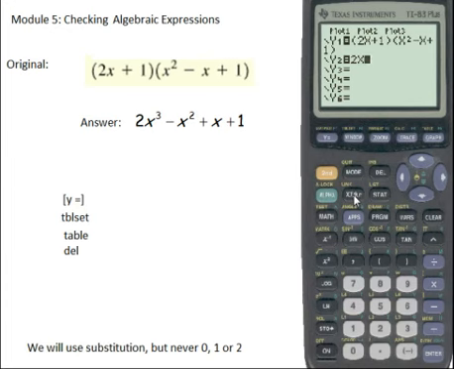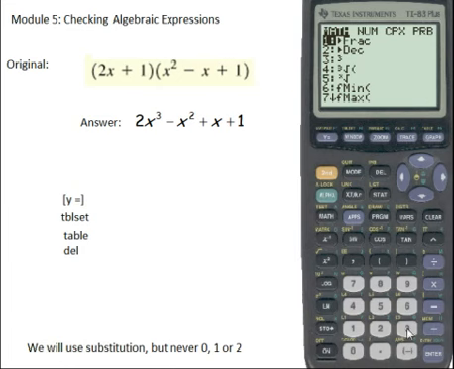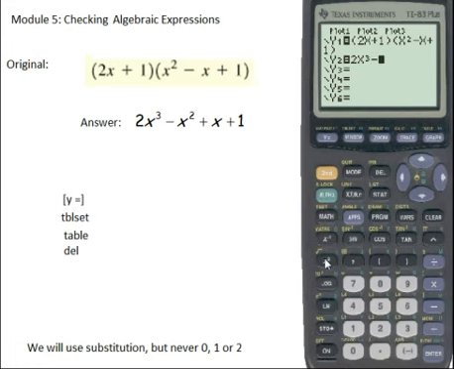Alright, 2x, again we can use the math key for cube, which is the third thing down, minus x squared plus x plus 1. That's your answer. Double check that everything looks like the problem, and I believe it is.